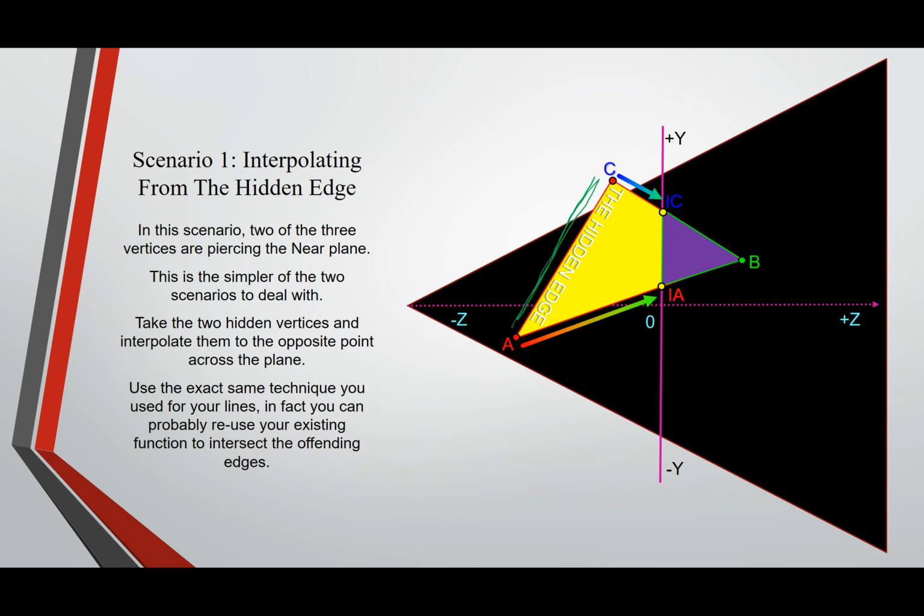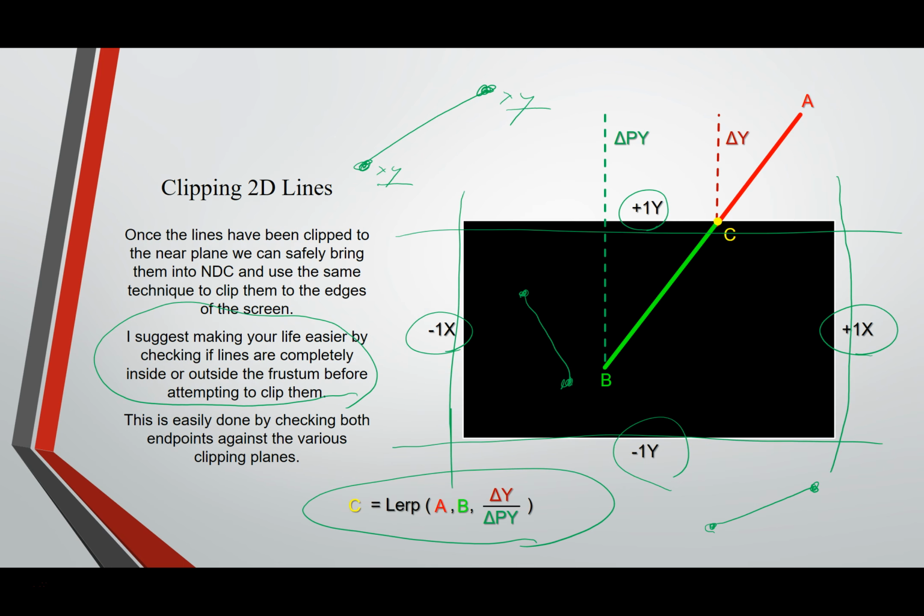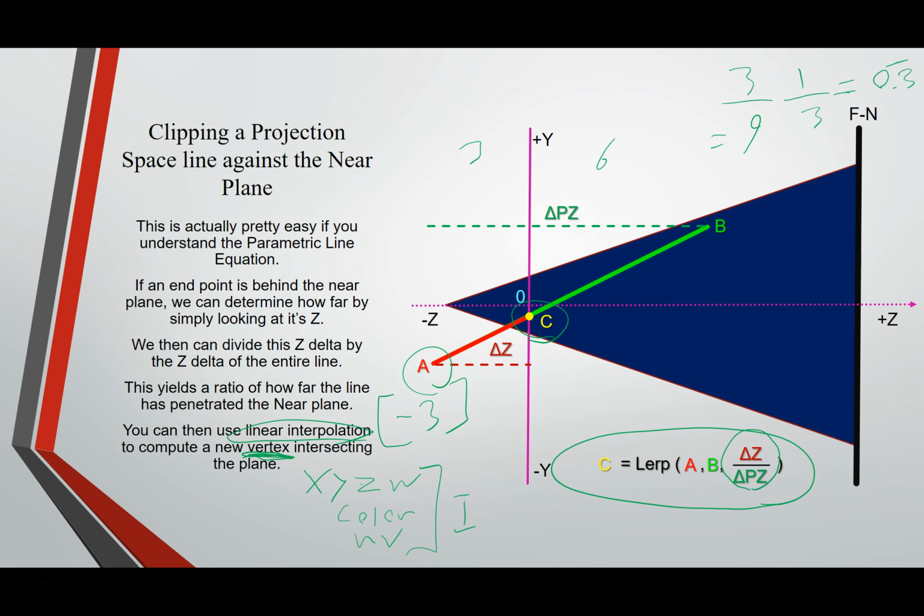because you can just take those two vertices that are hidden and intersect them with the near plane. You can see here A is being intersected to IA, C is being intersected to IC. You can use the exact same method that's used here, well, more particularly here because it's the Z, but you can use this exact same method.